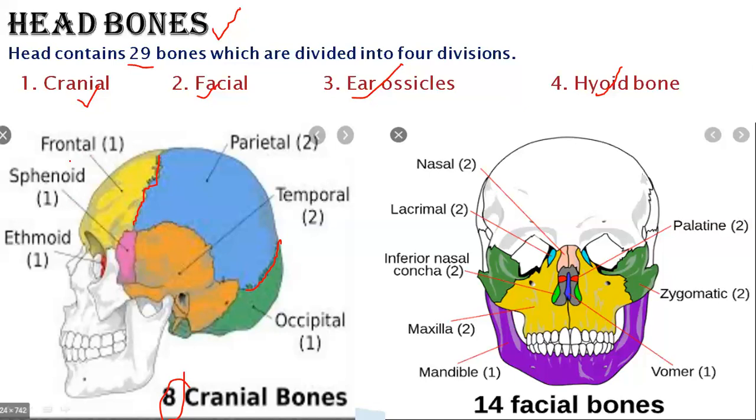So there are these bones. This is the frontal bone. You can see here, this one is the frontal bone, and this is one only, the sphenoid bone, which is present around the ear, before that.